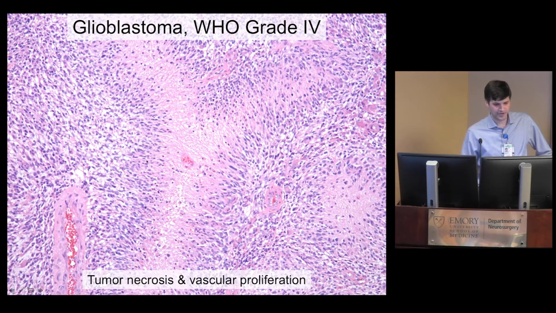And these tumor cells are mobile. Remember, they can infiltrate. So when they start sensing the local hypoxia, they flee from the area of necrosis and stack up on themselves and produce this pseudopalisading necrosis. And as they're fleeing, they produce VEGF, and that's what triggers the endothelial proliferation just beyond the area of necrosis.